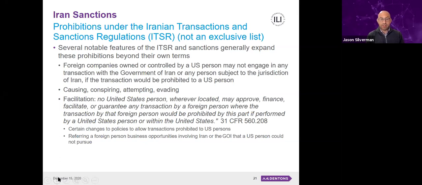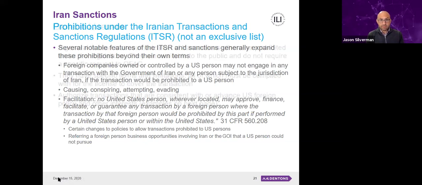So a couple of examples that are expressly in the regulations themselves that are clearly described as being facilitation are certain changes to policies to allow transactions that a U.S. person could not pursue, whether that change in policy occurs at the U.S. corporate level or the corporate level of an entity that it owns or controls, or referring a foreign person business that a U.S. person could not pursue. The foreign person is not on its face prohibited from pursuing it, but that act of referring it is considered facilitation.